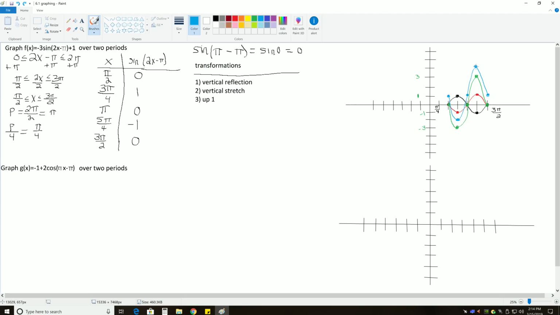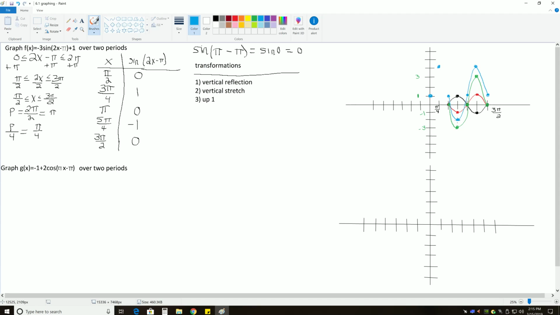Now let's do the same thing with this hill up here. This hill is going to move a distance of pi to the left. So that's 1, 2, 3, 4 tick marks to the left. It'll be about here. This point here in the middle will also move 4 tick marks to the left. 1, 2, 3, 4.